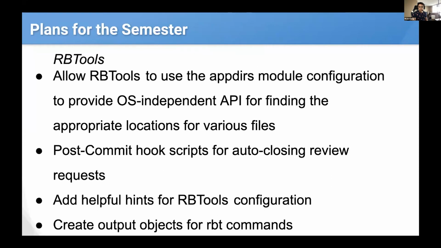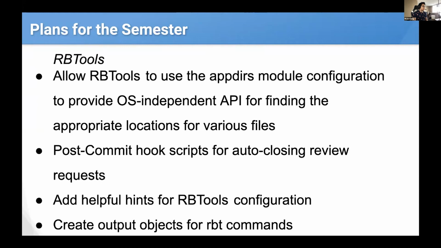Next slide. Yeah, so as I mentioned earlier, we're split into 2 teams. The first team is RB Tools. Review Board Tools is the command line interface for Review Board. This is how you post your commits to the Review Board server, and all of the other things that have to do with the command line.